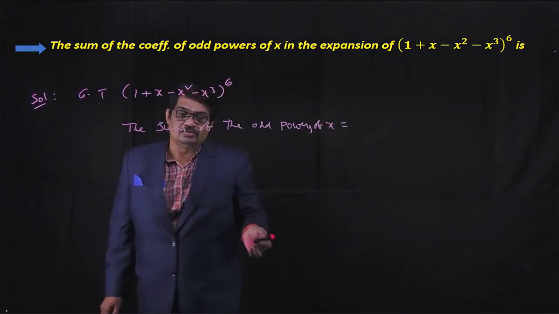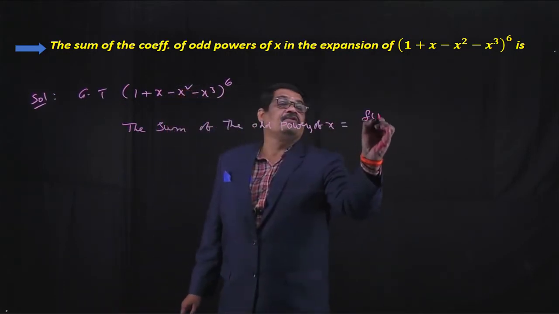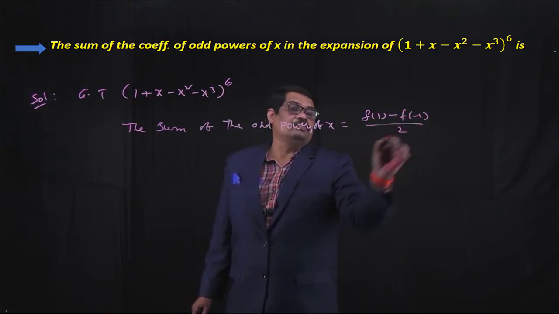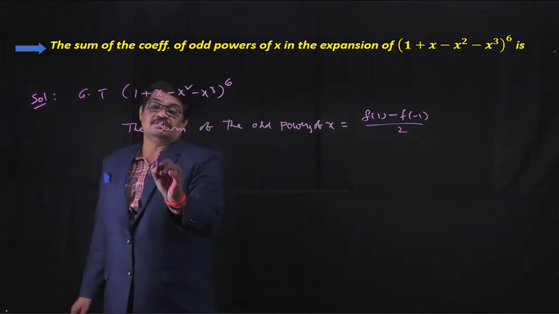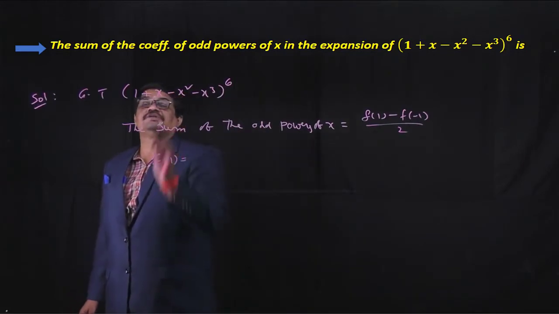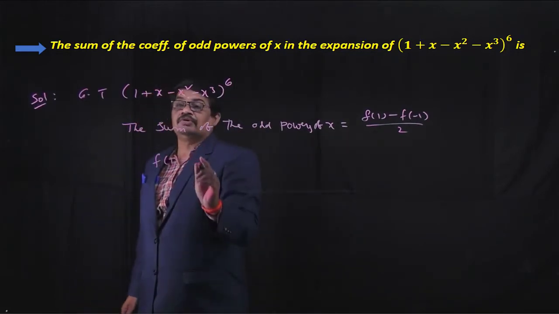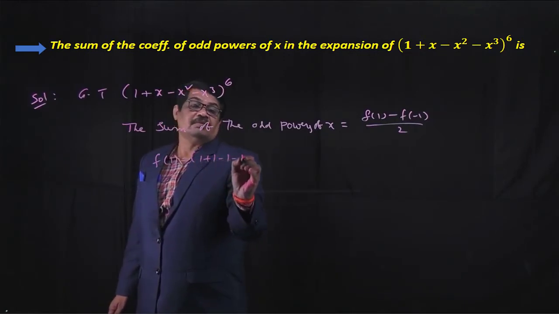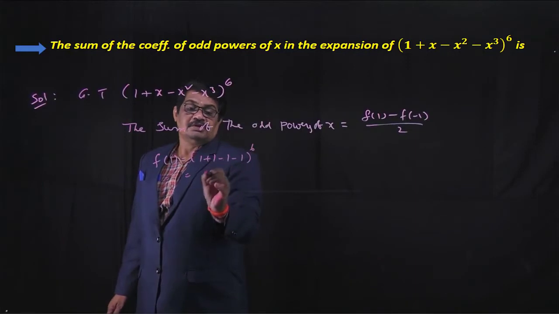The sum of the coefficients of odd powers of x is equal to, the formula is f of 1 minus f of minus 1 by 2. What is f of 1? This is the function. In that function, we substitute x as 1: (1 plus 1 minus 1 minus 1) whole power 6, that is 0.